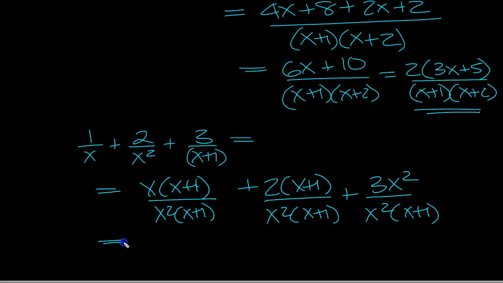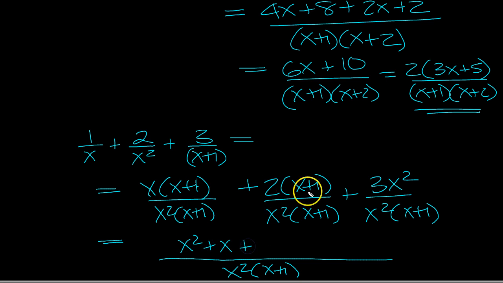But now the denominators are the same, we can just put that underneath. x squared times x plus 1. And since I'm just going to add this, this and this, I'm going to expand the bracket at the same time. x squared plus x, plus 2x plus 2, and then plus 3x squared.